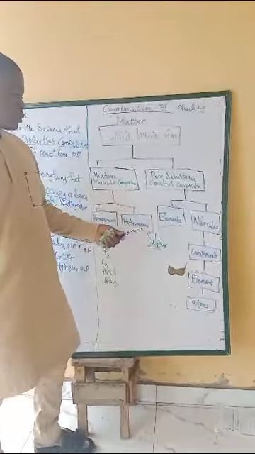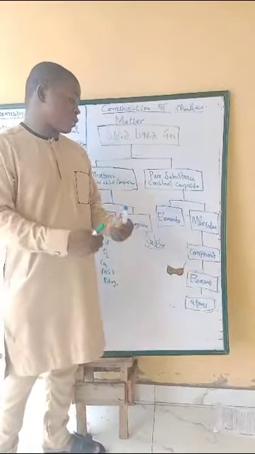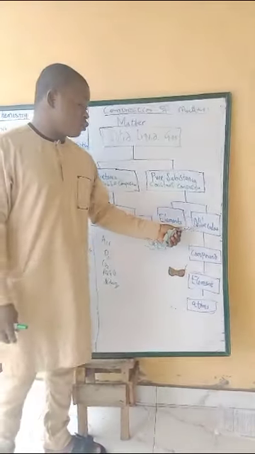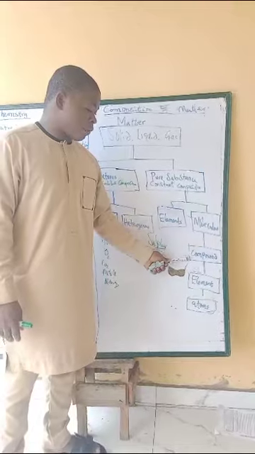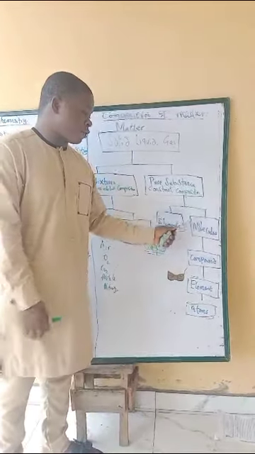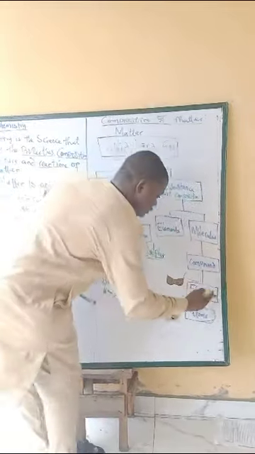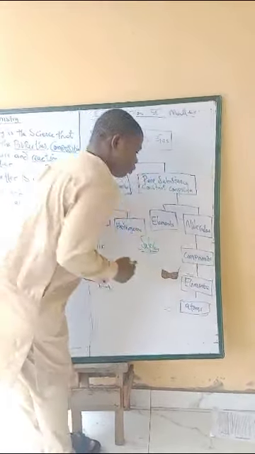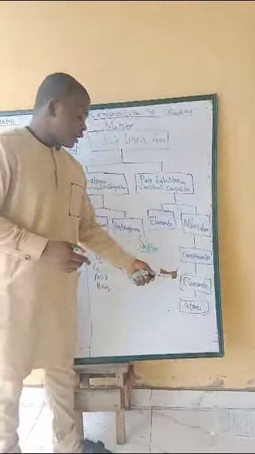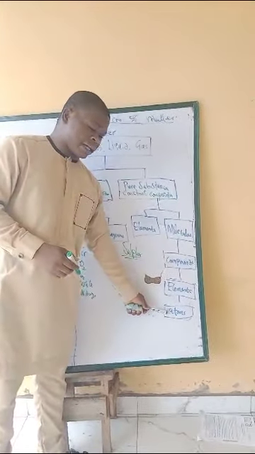We also have molecules, which can further be broken down into compounds. Compounds are combinations of elements, and all elements are majorly composed of atoms.